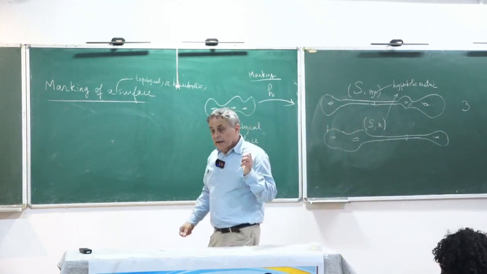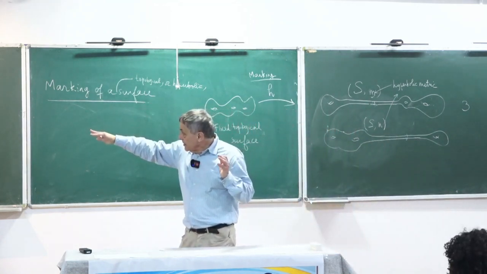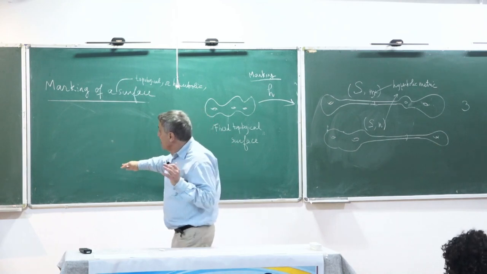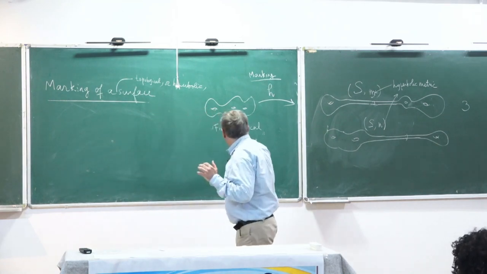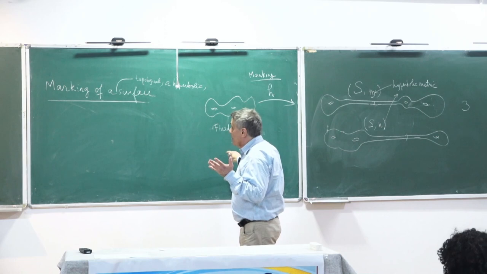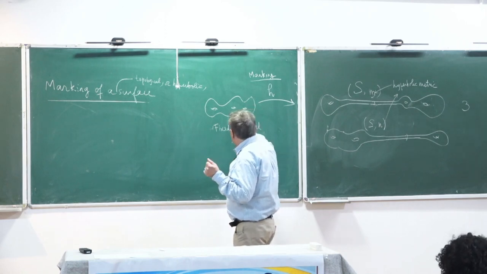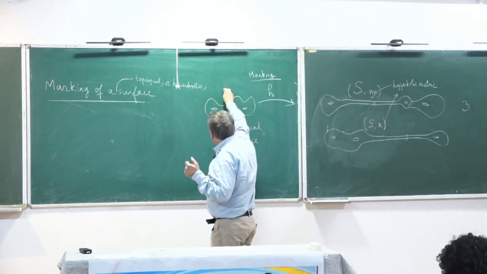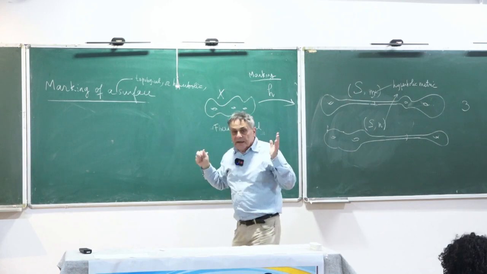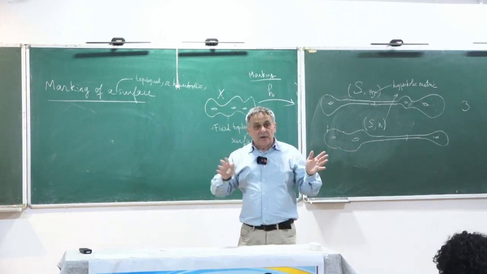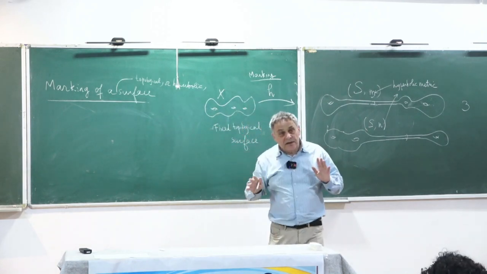Yes. This surface, I didn't give it a name. Let's call it X. I want a standard surface called X, which is fixed once and for all, and which will serve only for the marking.